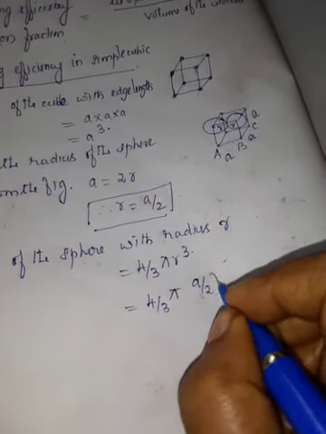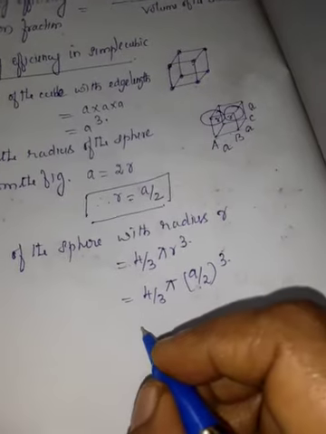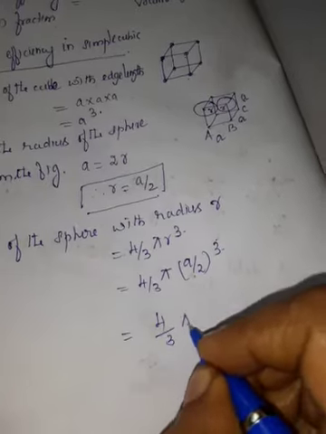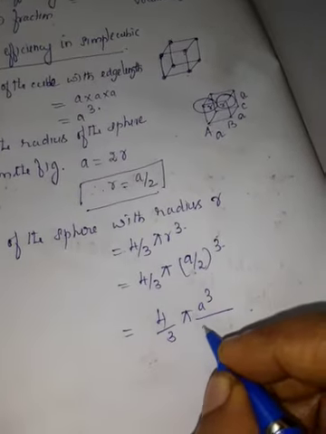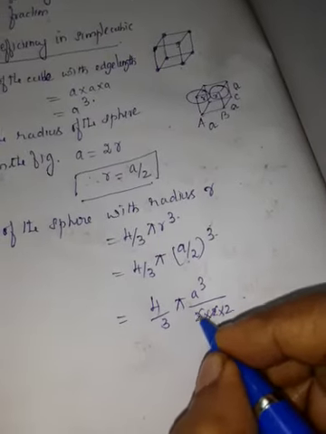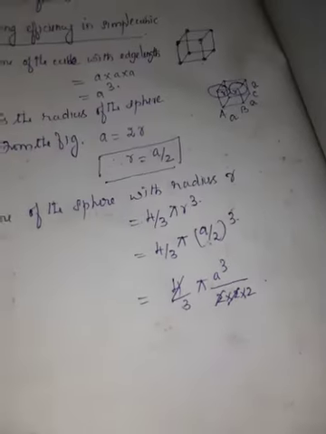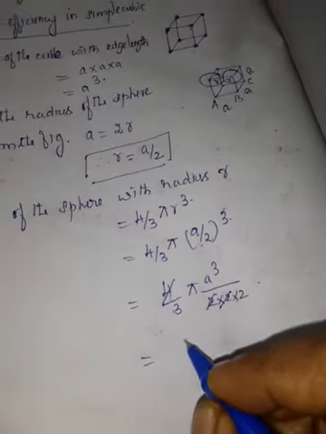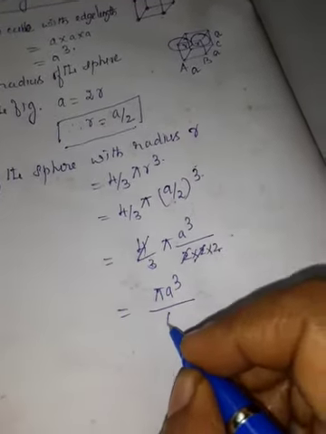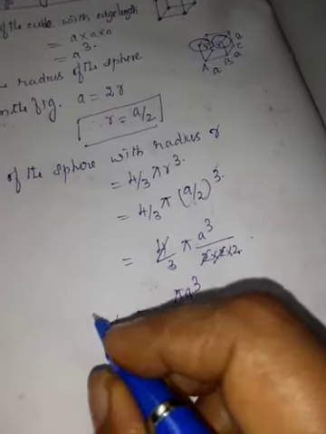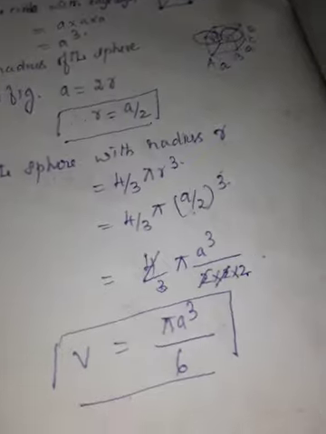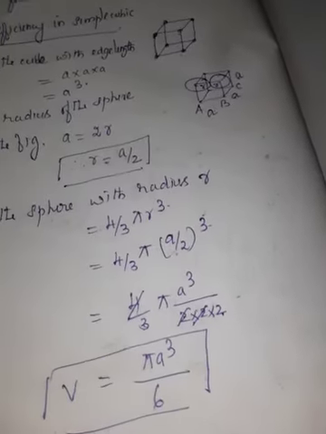So A by 2 the whole cube. That is 4 by 3 pi A cube by 2 into 2 into 2. 2 2s are 4. 4 4 get cancelled. Therefore, pi A cube by 3 2s are 6. This is the volume of the sphere with radius R.